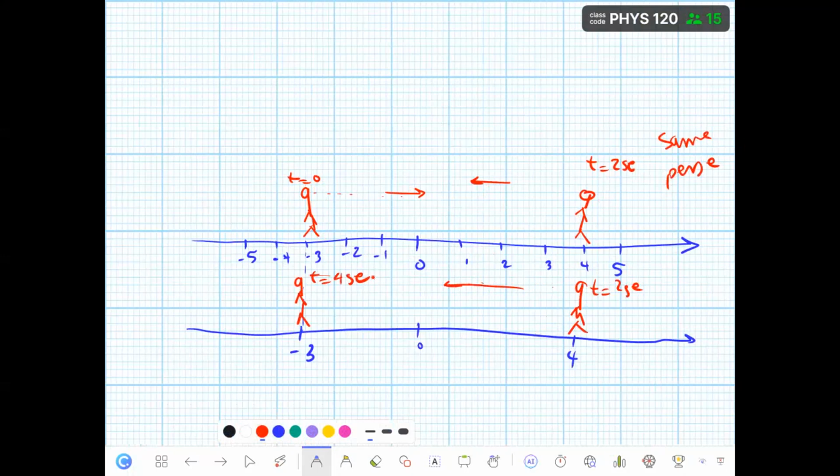Good. Calculate the average speed and average velocity.